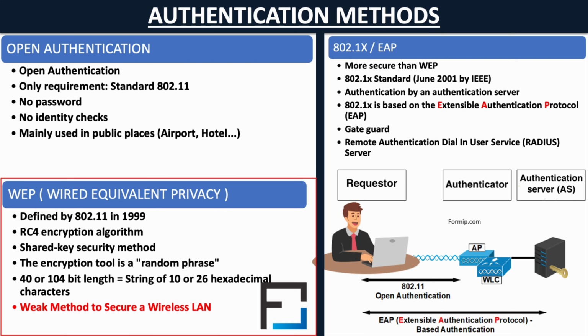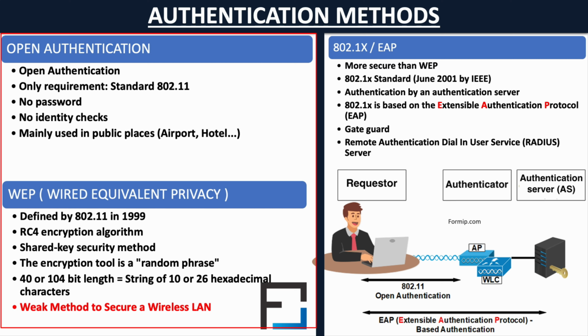And it was only in 2004 that Amendment 802.11i came out, and WEP officially lost popularity. That's why today WEP encryption is considered a weak method to secure a wireless LAN. With only Open Authentication and WEP available in the original 802.11 standard, a more secure authentication method was needed.